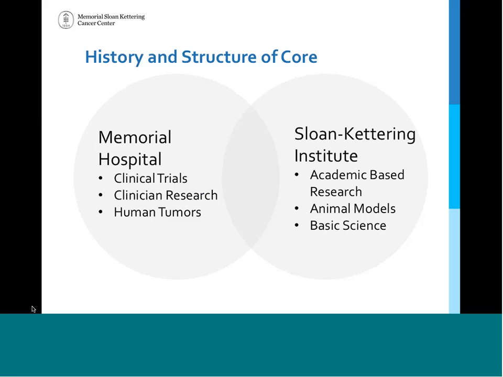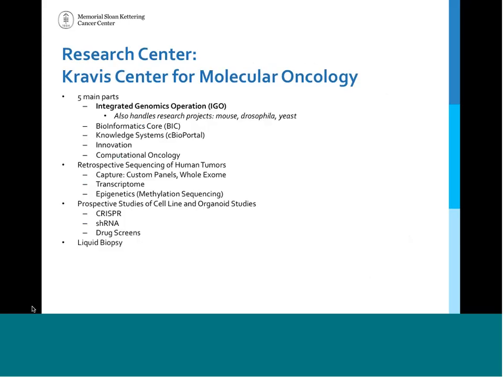So the core facility that I actually work for is part of a research center arm. The arm is the Kravitz Center for Molecular Oncology. There's 5 main parts within this research center. So I actually work under the Integrated Genomics Operation, also known as IGO. And IGO itself is a core facility.